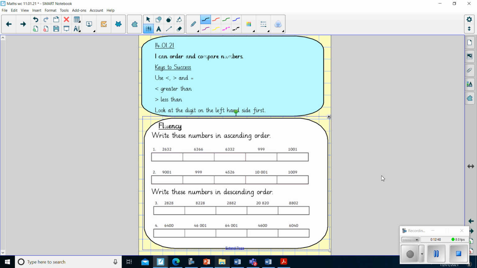Okay, here's some fluency for you to have a go at. So these first two sequences, you're going to put the numbers in ascending order, and then these two sets of numbers you're putting in descending order. Pause the video and have a go, and then come back to me for the answers. Okay, so in red on the board you have got your answers.